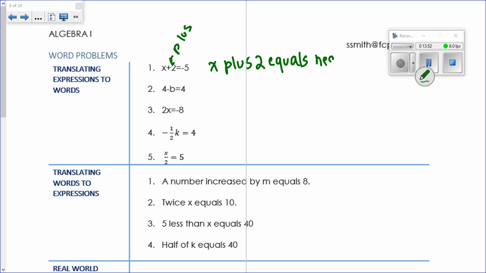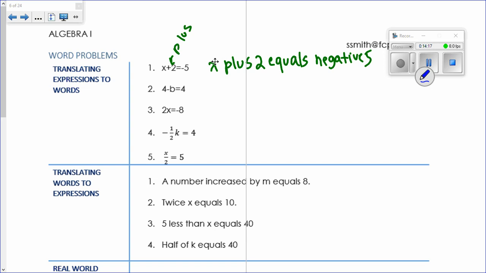Equals -5. Go ahead and do number 1 through 5 on the top, 1 through 4 on the bottom. Take 2 minutes. Do 1, 2, 3, 4, 5, and then 1, 2, 3, 4. Can we put equals in a written statement? You cannot write equals in a written statement.